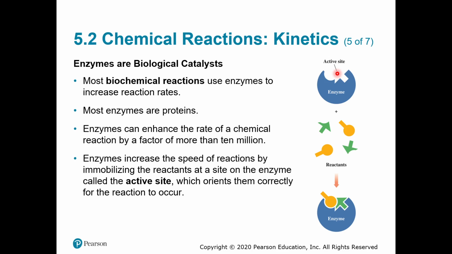The reactants will then bind into that enzyme active site, and that's going to orient them correctly so they continuously are hitting each other in the correct orientation. They'll be really close to each other, and that's going to prompt a reaction. Once it reacts, they'll release from the enzyme, and then you can take new ones in. And remember, the enzyme is a catalyst, so it's speeding the reaction up, but it does not get consumed in the reaction.